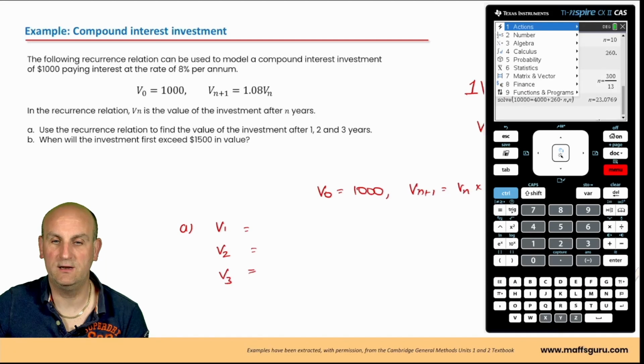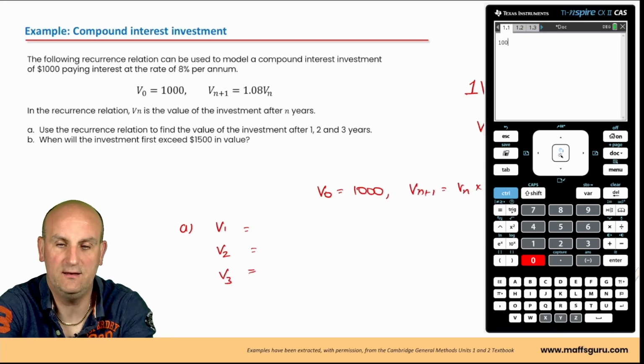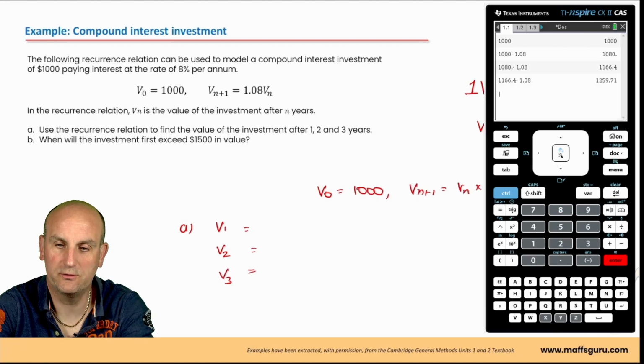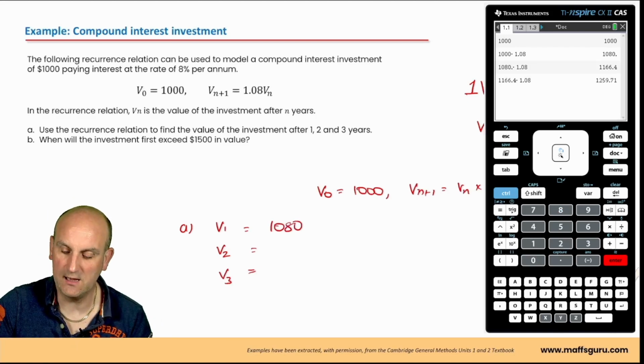Let's just clear down what's already there. Clear history. Right, so what do we want? I'm going to put 1,000 in, hit enter, and then I'm going to do answer times by 1.08. Now 1, 2, 3, and there we go. So first one is going to give me 1080. My next one is 1166.4. Now, because we're dealing with money, I'm going to put 0 there.